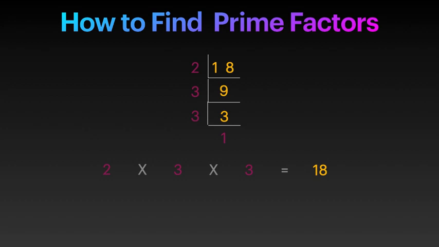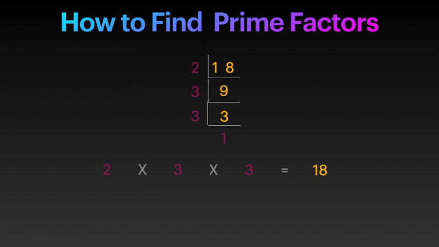Now our next smallest prime number is 3. Now our workout goes like this. We draw some lines as you can see on the screen, then search for 3's inside the 9.